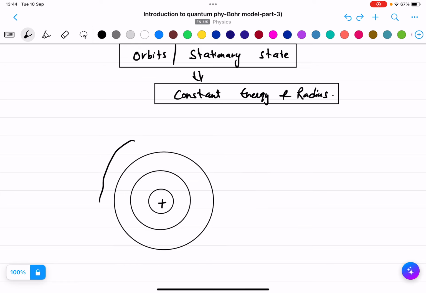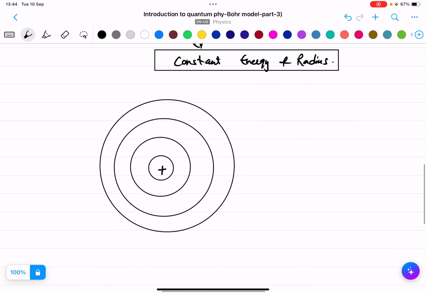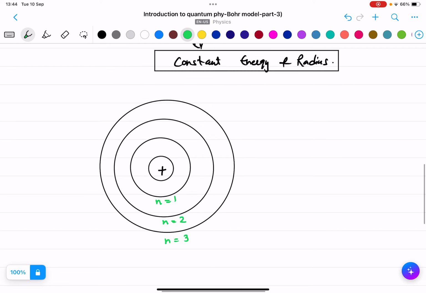So let us say this is n equals 1, this is n equals 2, and this is n equals 3.